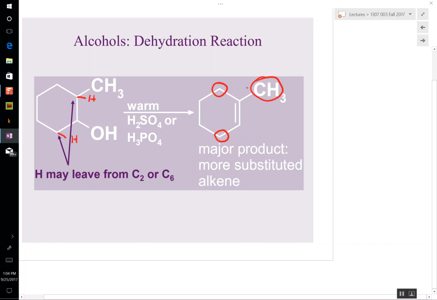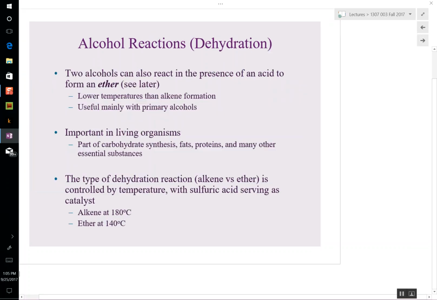We would have 3 carbons. I mean, just keep in mind, there's a carbon there, and there's a carbon there. So we would have 3 carbons attached to that double bond. So that would be the major product. If we got the double bond over here, we would only have this carbon and this carbon attached to it. So there's just one more example.